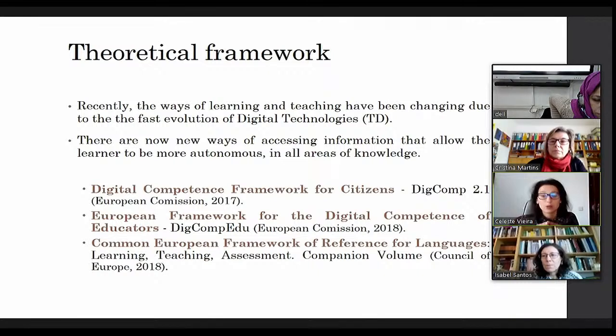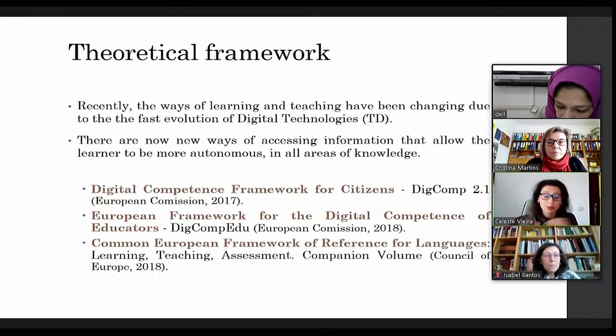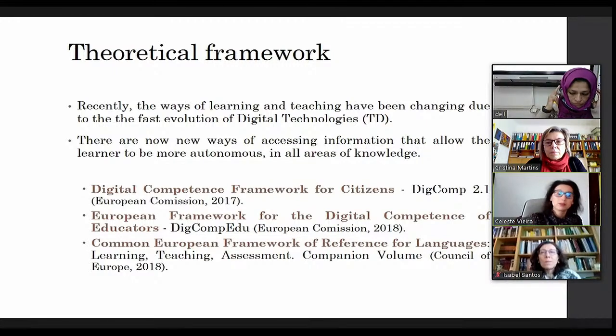In the last years, European institutions have developed some reference documents, and we will talk about 3 of them today. The first one is the Digital Competence Framework for Citizens, a document that offers a tool to improve citizens' digital skills. The second one is the European Framework for Digital Competence of Educators, a specific tool for teachers, both by the European Commission.